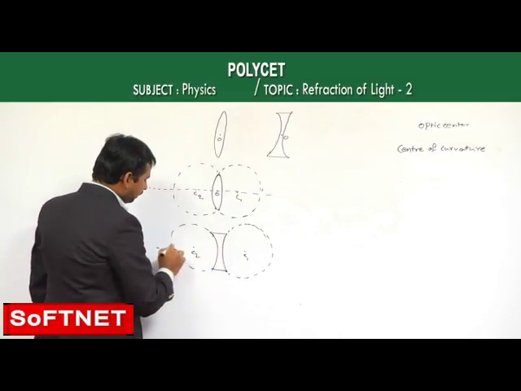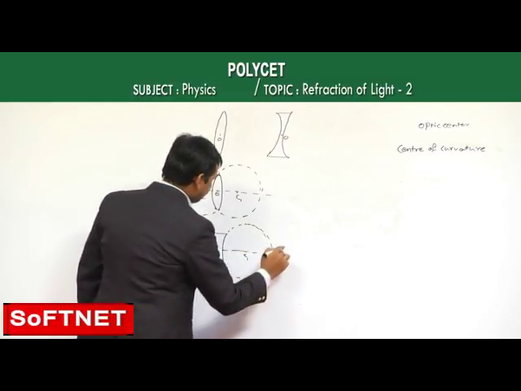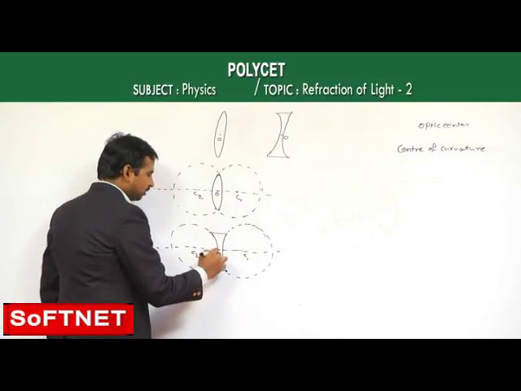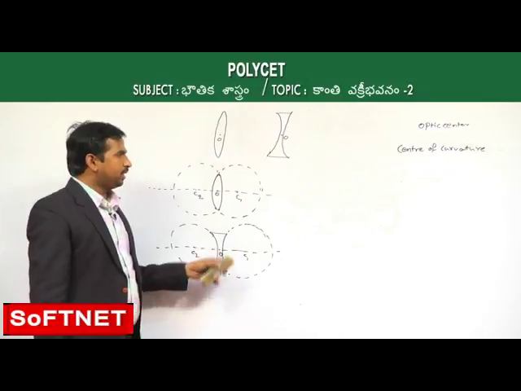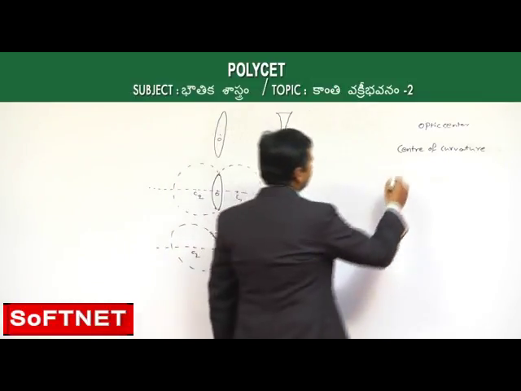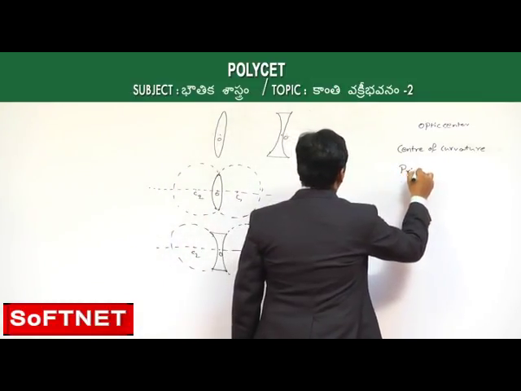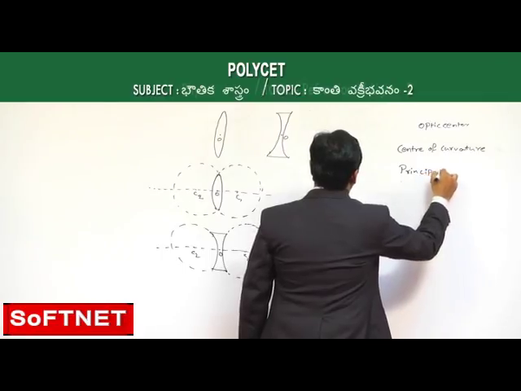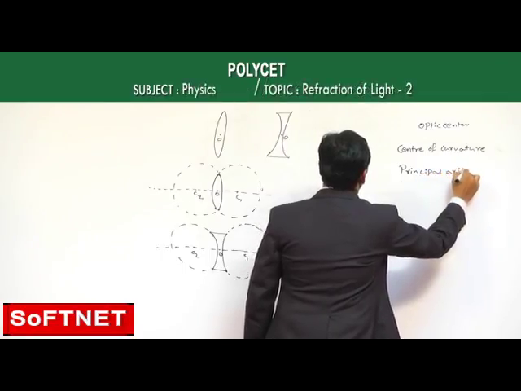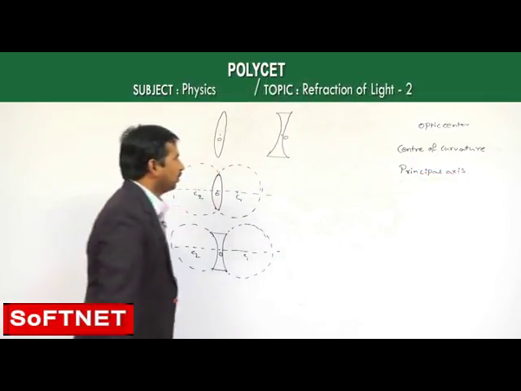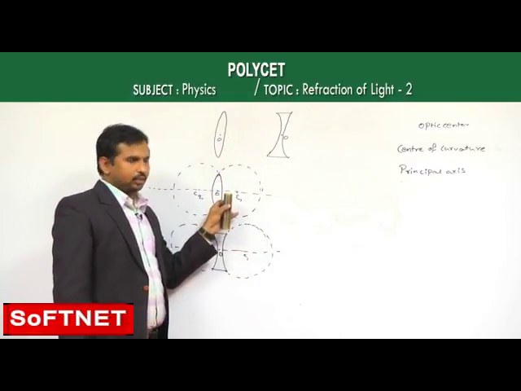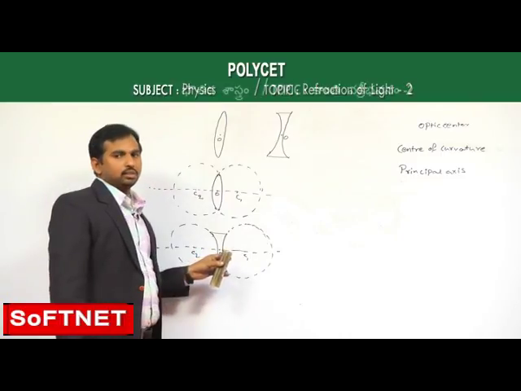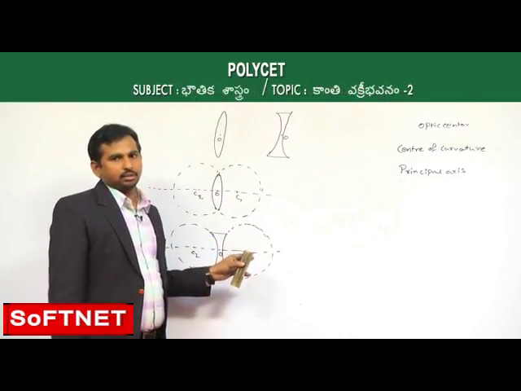The line joining C2 and C1 we call the principal axis. Now we have the optic center, the center of curvature and the principal axis.